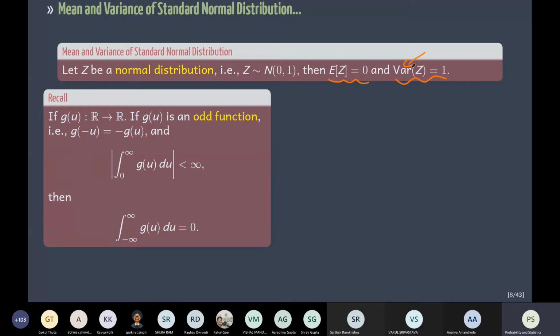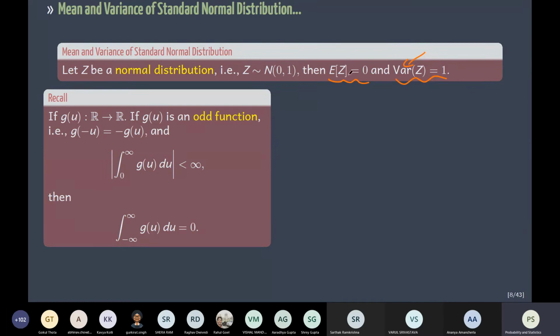The second order moment is the variance, and if you want to extract more, you may go for the third order moment, fourth order moment, and so on. But as a start, you can see what is the average value that the random variable is taking, and what is the spread of my random variable.